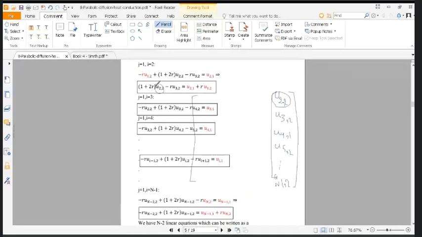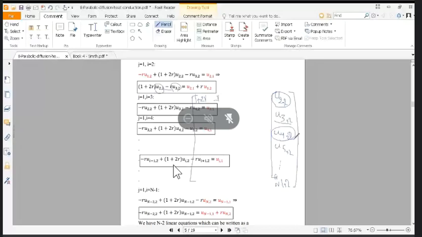Coefficient of u22 is 1 plus 2r, and then write 1 plus 2r. Next, we need the coefficient of u3 and 2. The coefficient of u3 and 2 is minus r, and we write minus r. We need the coefficient of u4 and 2.